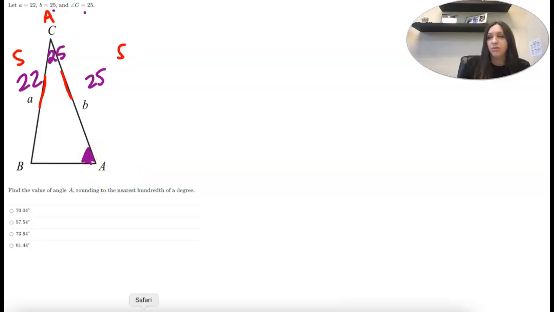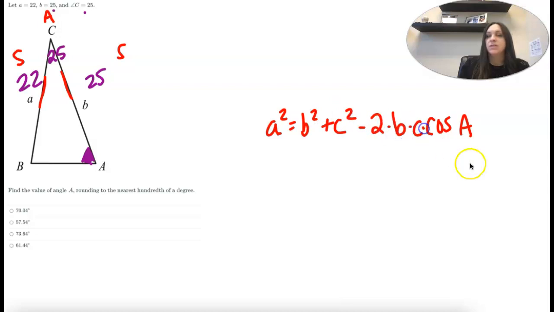So out of our 3 formulas, the only one with angle A has cosine of A at the back of the formula, and then I'll fill in the rest. It's a squared, because the beginning and the end are always the same letter, and then b squared plus c squared minus 2 times b times c times cosine of A. Okay, so we don't have c, and we don't have a.